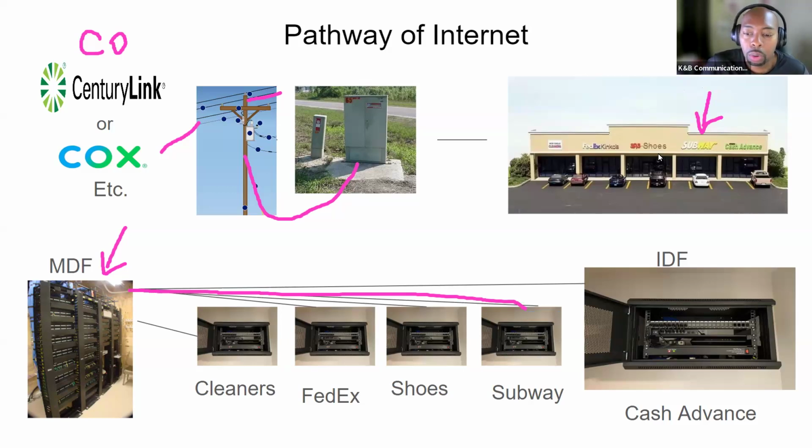Usually this is located in a closet or up high in the back of the break room, or sometimes even in the bathroom. This cabinet right here is known as an IDF, intermediate distribution frame. So you have an MDF, which is the main feed, and you have the IDF, which is pretty much the brains of the customer's network.